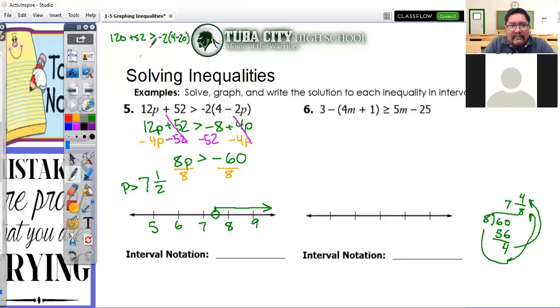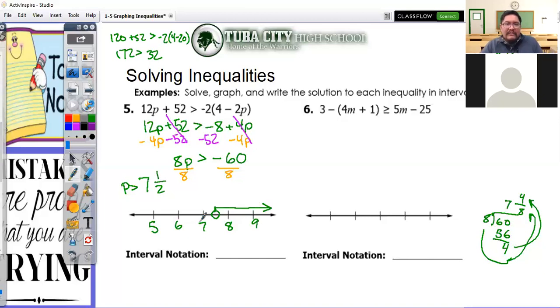And you know, if I keep going with this, I get 172 is greater than, let's see, 4 minus 20 would be negative 16. Negative 16 times negative 2 would be 32, and that's true. So that means that this is going to be true.